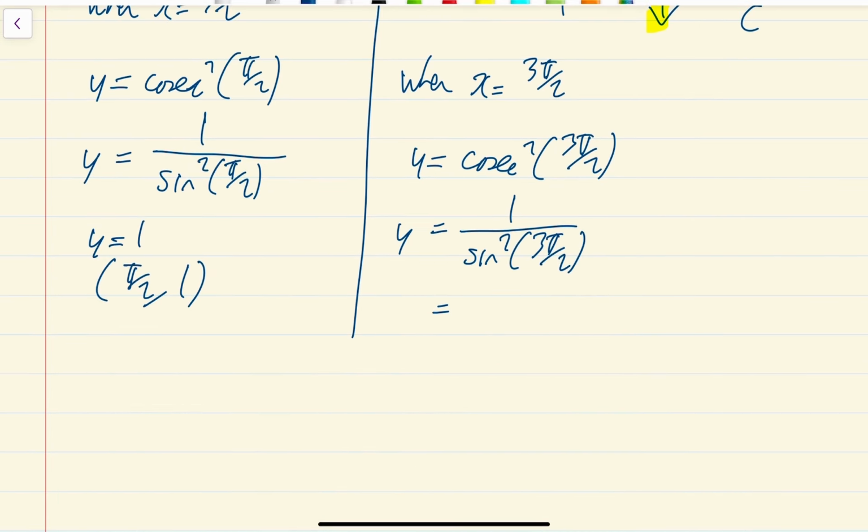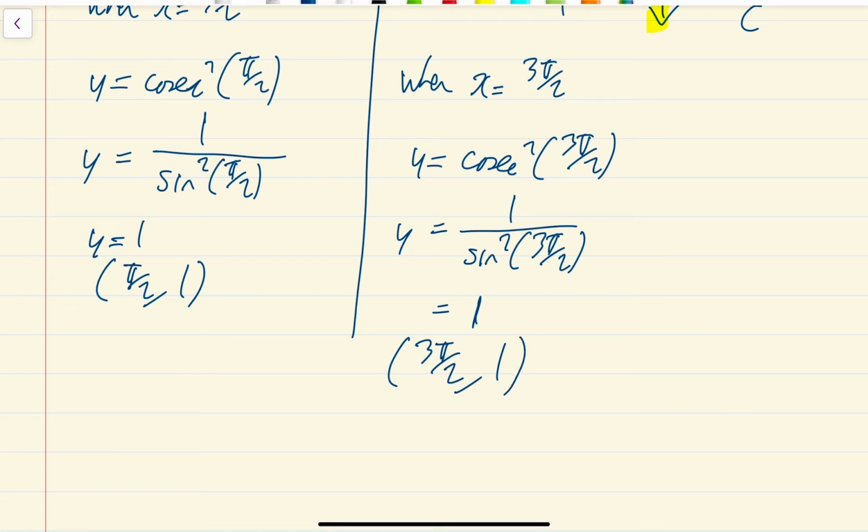I can just go in and edit that now on my calculator. Go back in and edit to save yourself a wee bit of time. Change your pi over 2, delete it, and change it to 3 pi over 2. And I've done that, and I've got 1 again. So that's my 2 turning points: pi over 2, 1, and 3 pi over 2, 1.